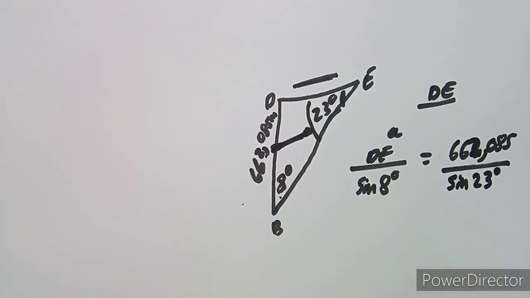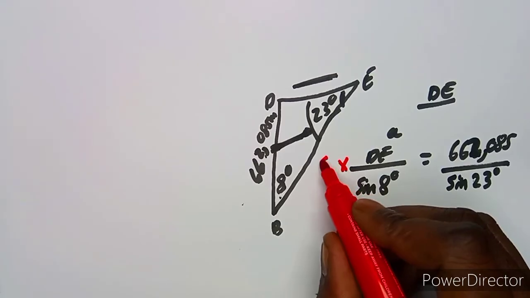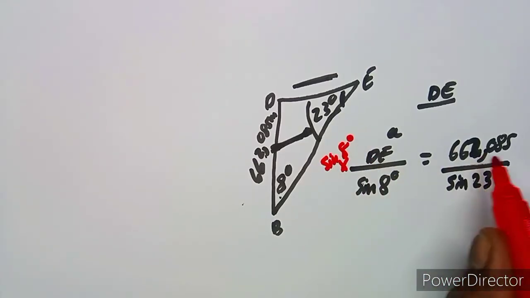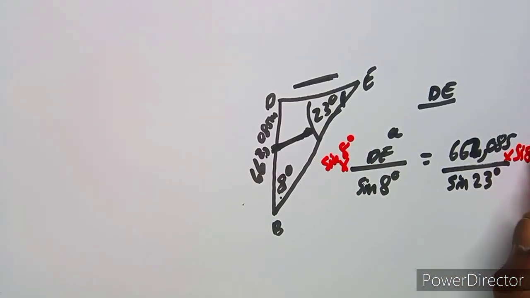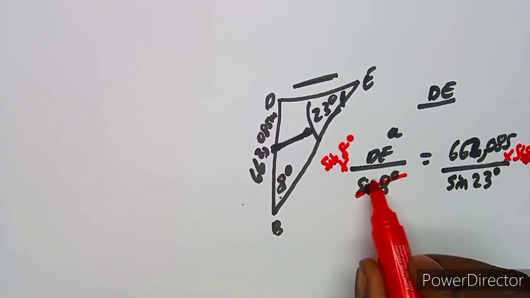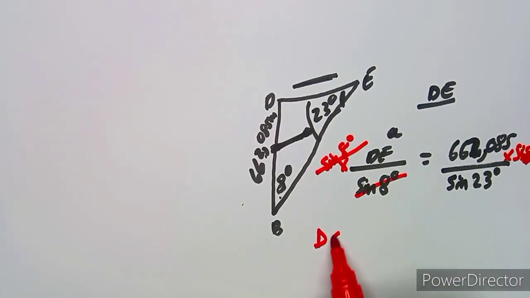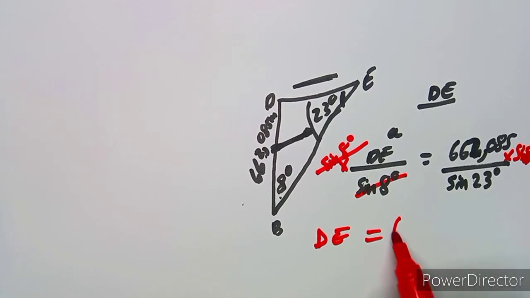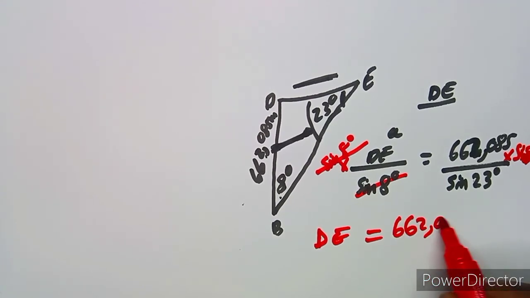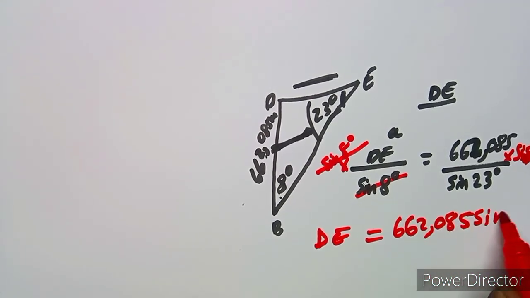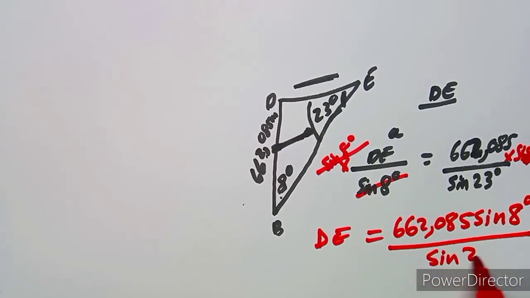So that's the stage that I have, and I have to remove this to find DE. So I have to multiply by sine 8 degrees on both sides. Sine and sine cancel. You're going to remain with DE, which is 662,085 sine 8 degrees over sine 23 degrees.